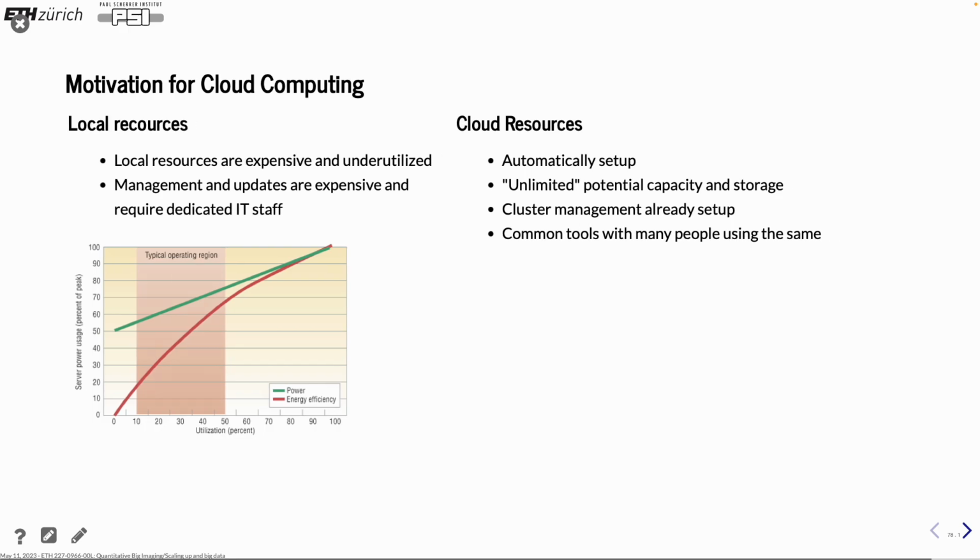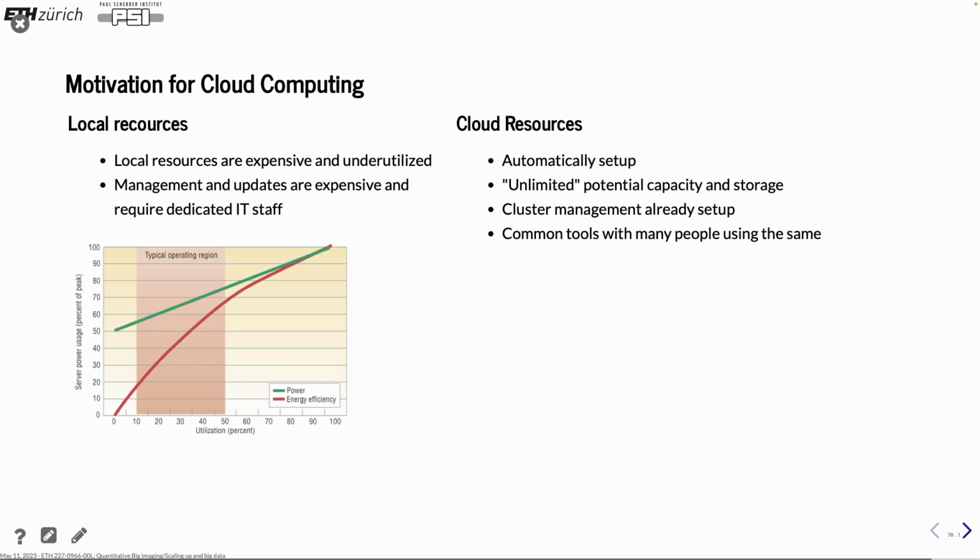So cloud computing: local resources are a problem if you only occasionally do some heavy computing. Having a local computer requires, first of all, that you buy the computer. The second is that you have to maintain it, which also costs money.